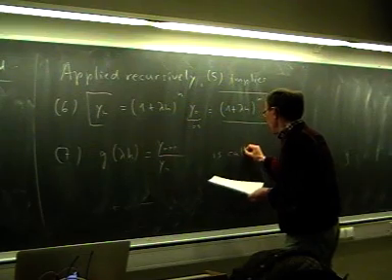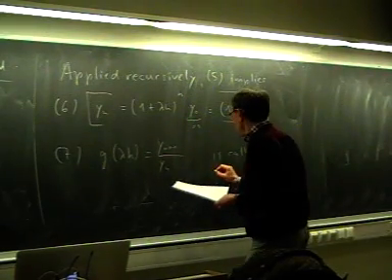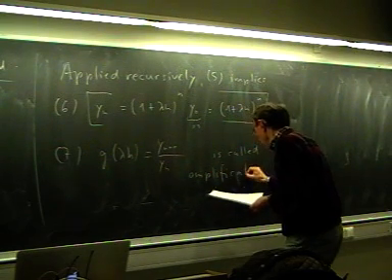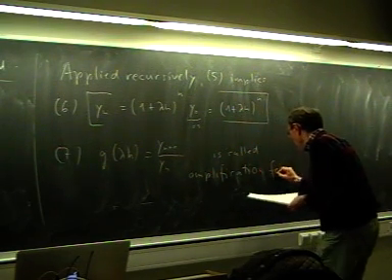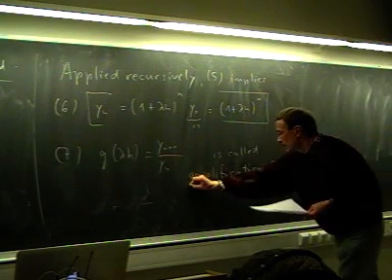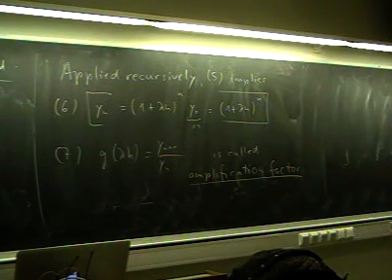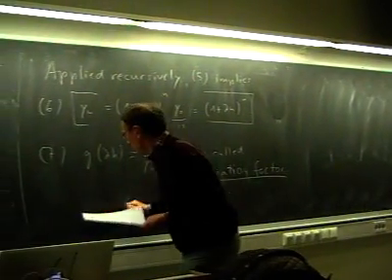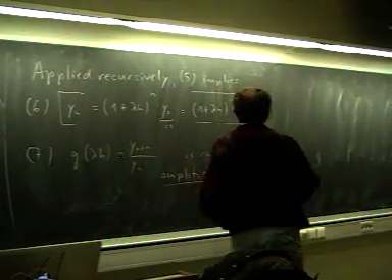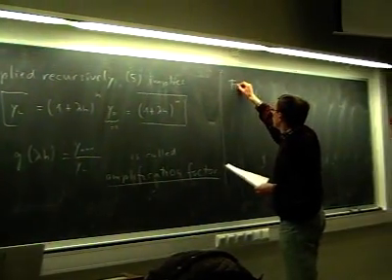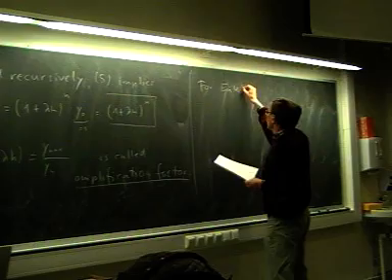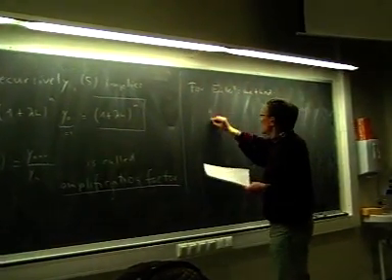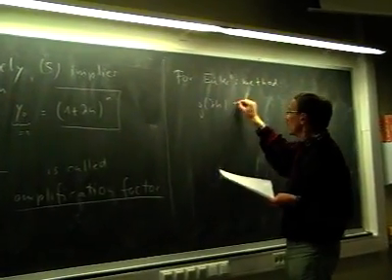So that is now a general definition, and we can use that for Euler's method. For Euler's method, the amplification factor is g of lambda h.